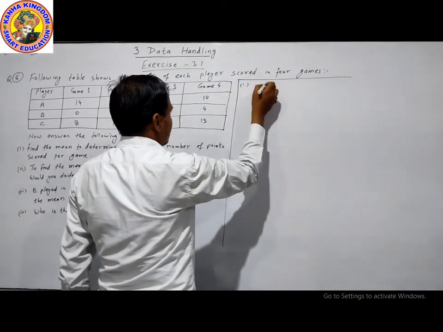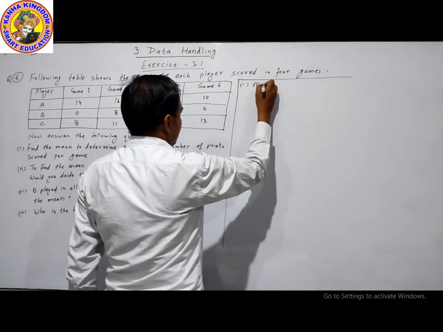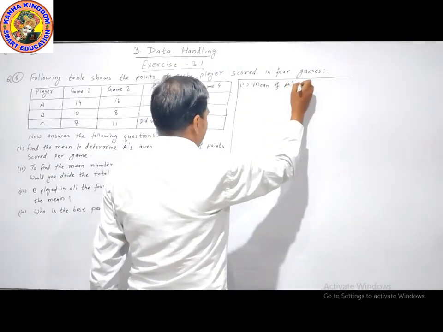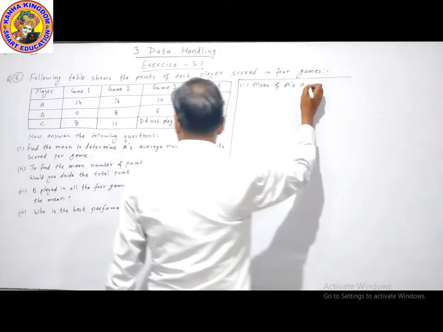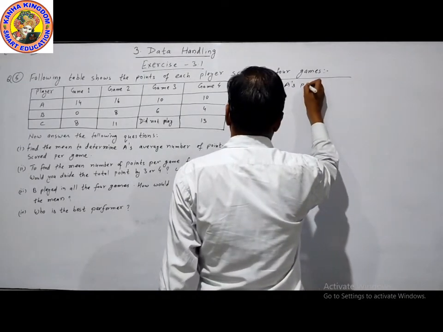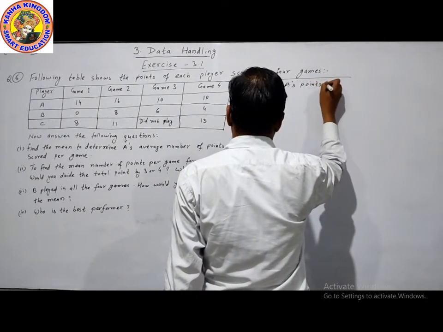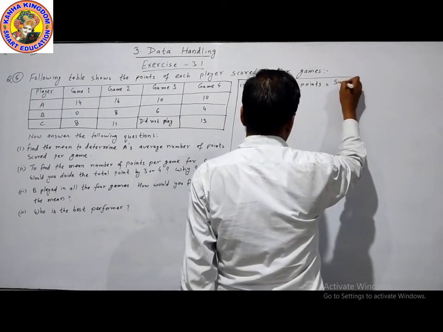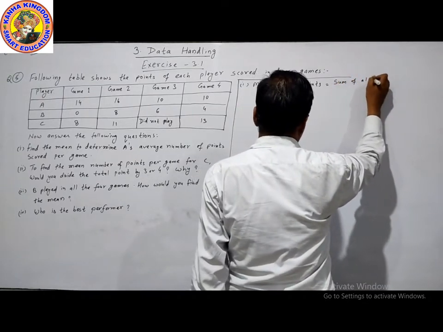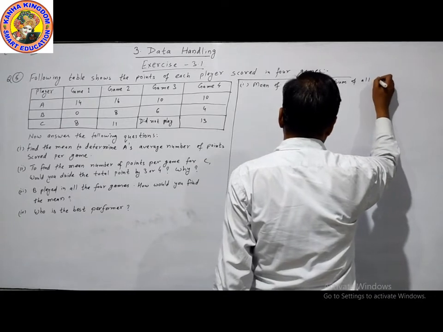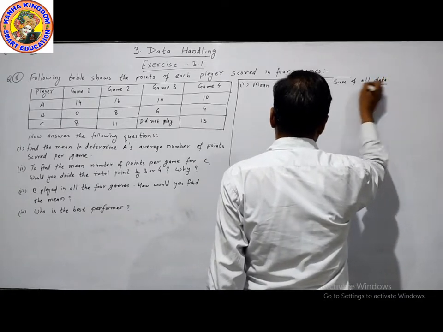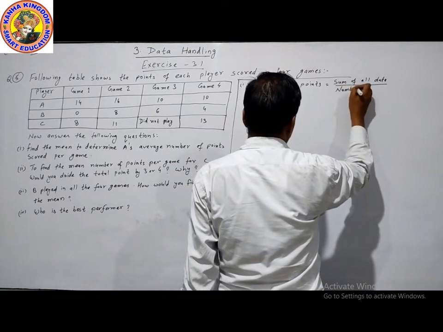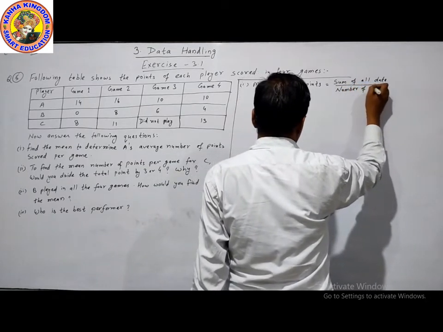First question is the mean of A's points. The formula of mean is sum of all data upon number of data.